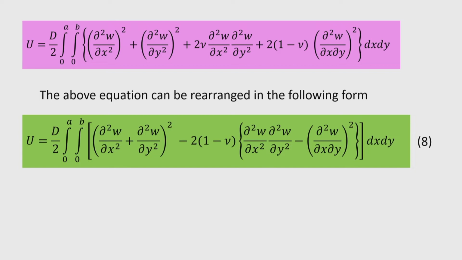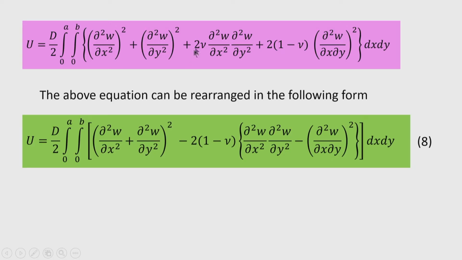Here you can see, if we add 2 into ∂²w/∂x² ∂²w/∂y², without the Poisson ratio in this expression, and then again subtract it to keep the expression the same without affecting it, ultimately the equality is not affected.